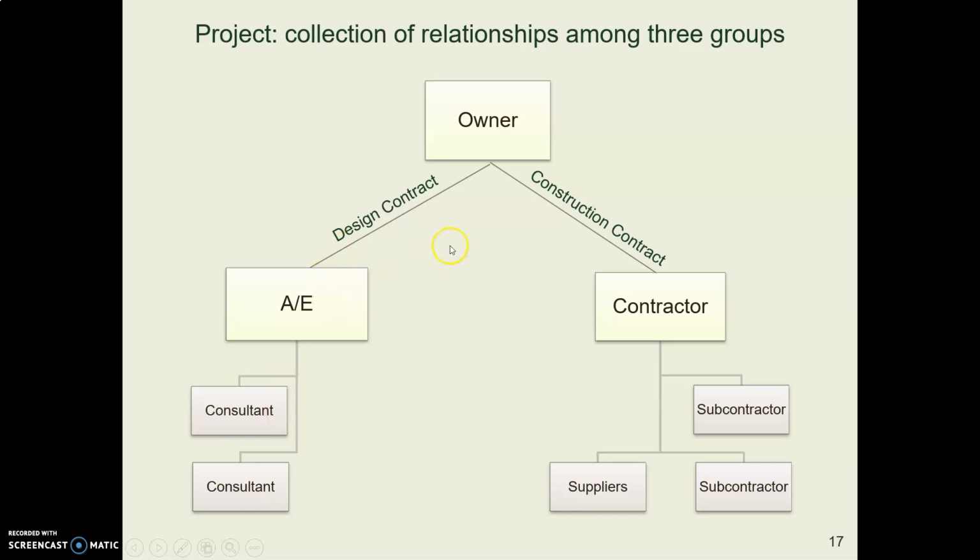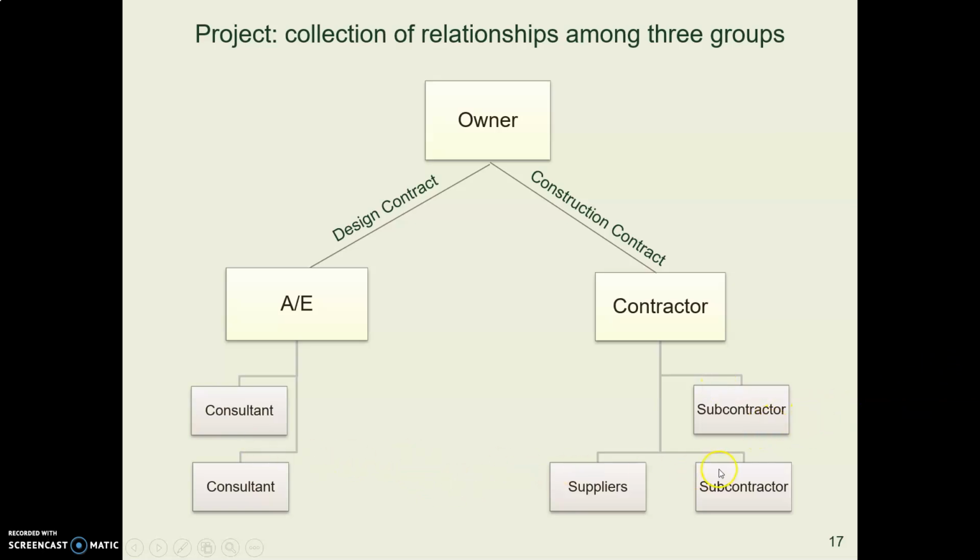Now notice how the contract is arranged. The owner has a contract with the designer, and the owner has a contract with the contractor, and then the designer has contracts with the subconsultants, and the contractor has contracts with the subcontractors.